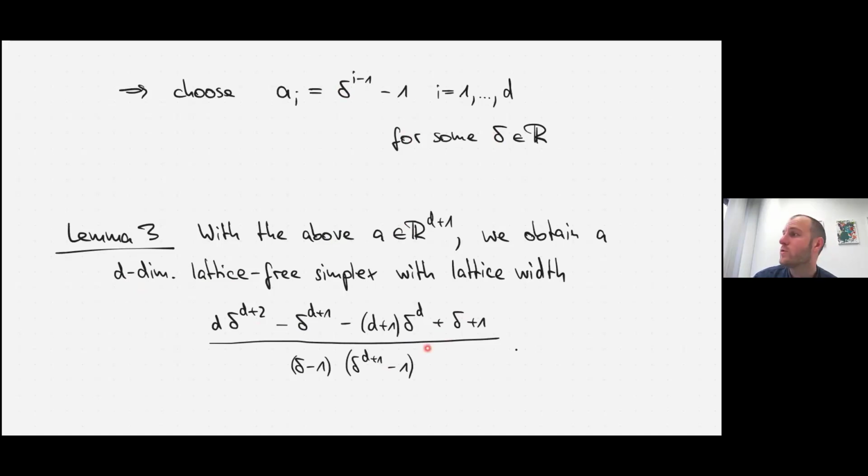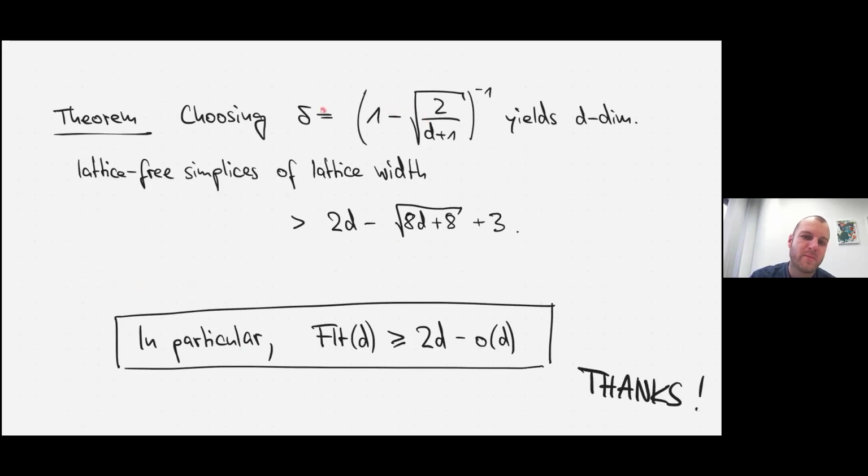But what do we do now? Now that's easy. We should certainly choose delta so that it maximizes that expression. This is not so complicated. It turns out that you should choose delta as this thing here. The base of that exponential function also contains d, so just from the pictures, it would have been hard to see exactly that exponential function.